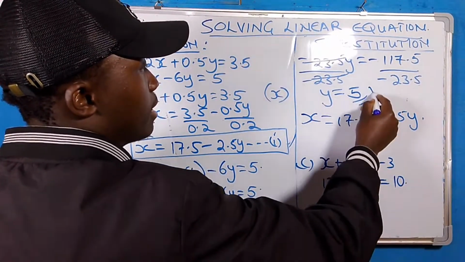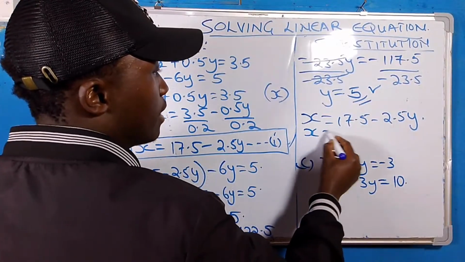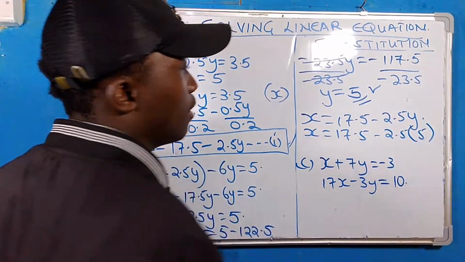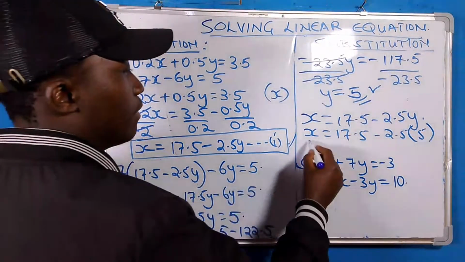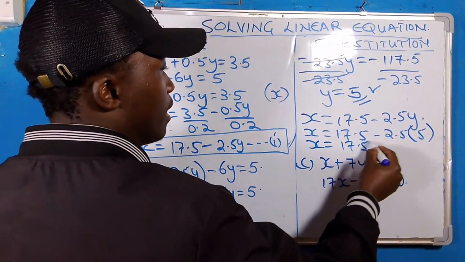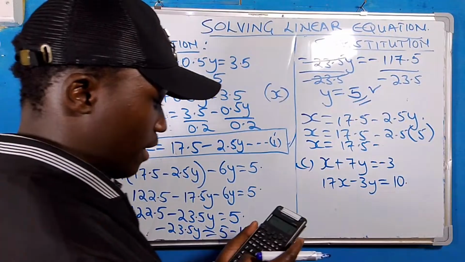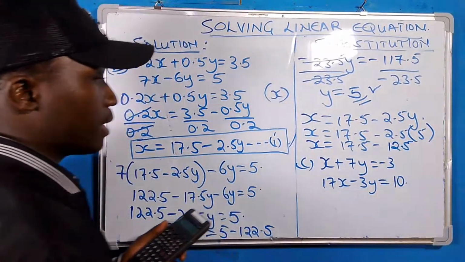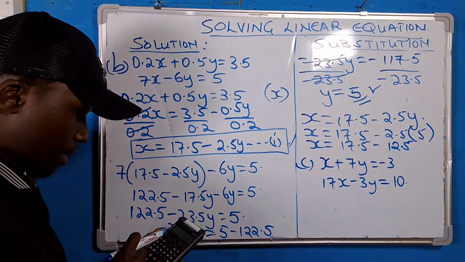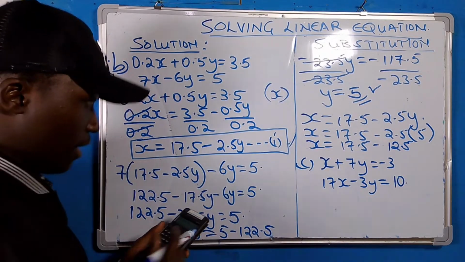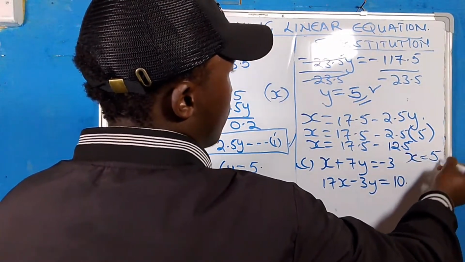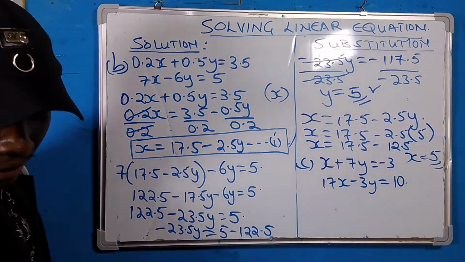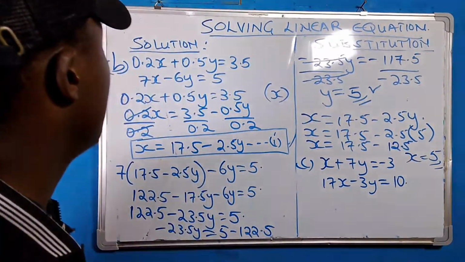Let us replace y with 5, so x is equal to 17.5 minus 2.5 times 5. 2.5 times 5 gives us 12.5, and 17.5 minus 12.5 gives us 5. So our x is also 5. Our y is 5 and our x is also equal to 5.